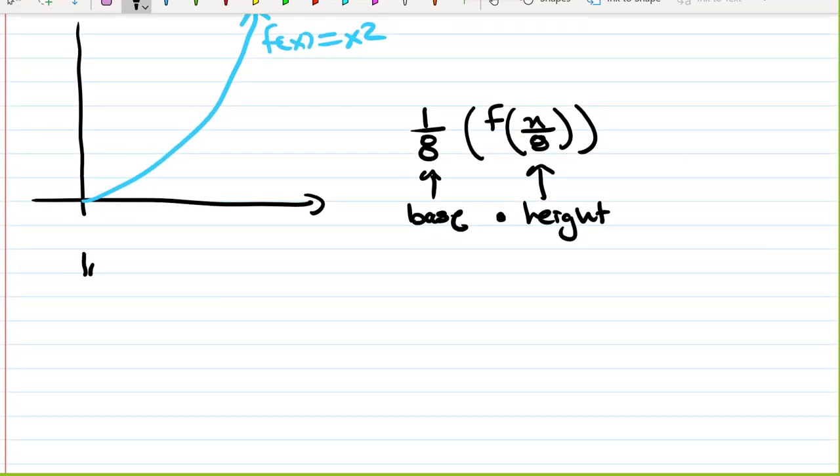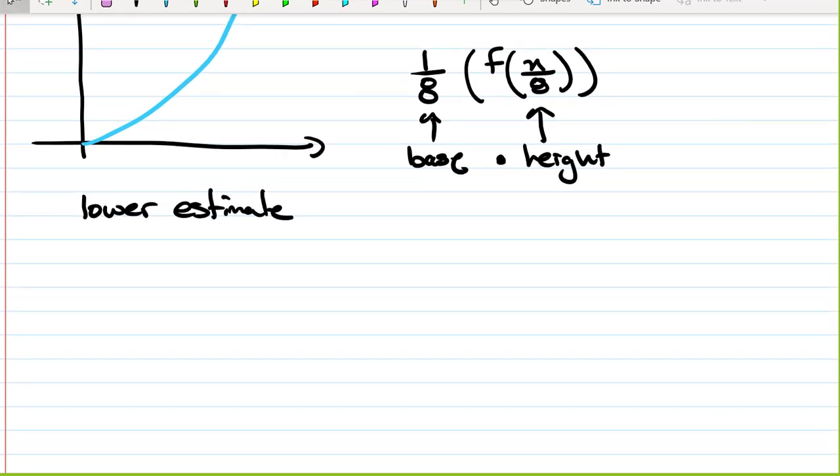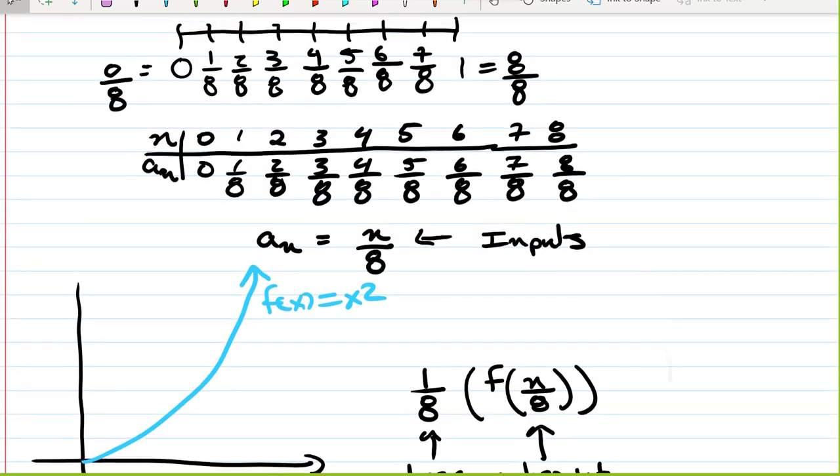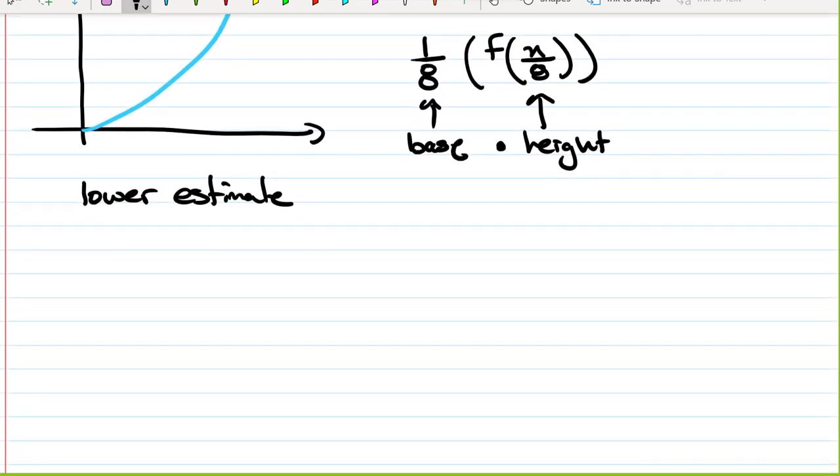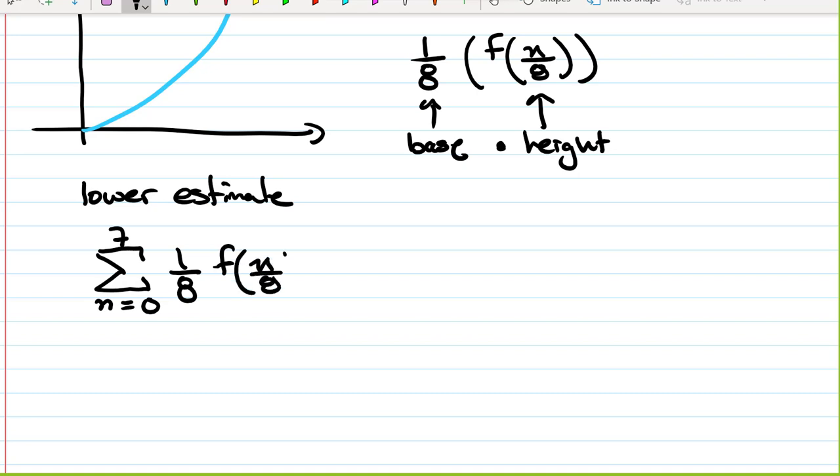So for our lower estimate, we would start at 0 and stop at 7. So that would be the sum as n goes from 0 to 7 of 1/8 times f evaluated at n over 8.